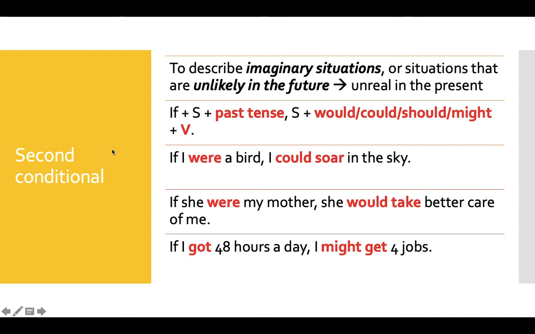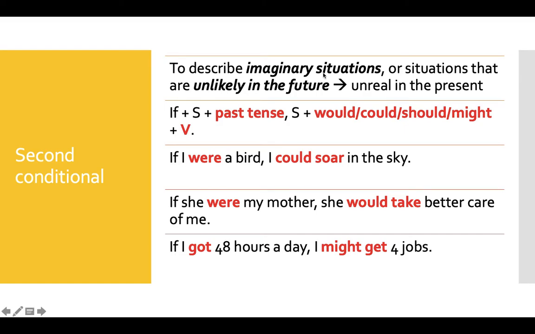For the second conditional, we use it to describe imaginary situations. When we are talking about our imagination, we use it. Or situations that are unlikely in the future. Okay? In other words, we're talking about something unreal in the present moment.